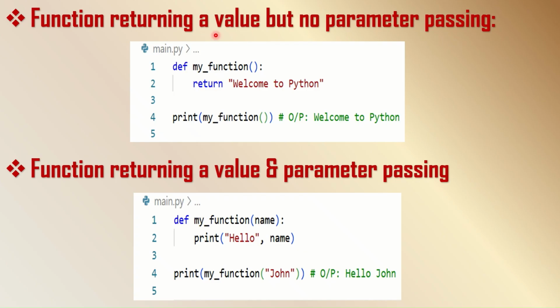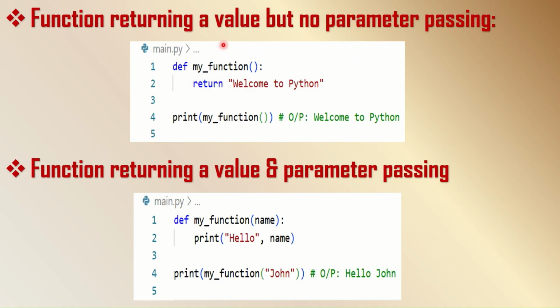Now let's see the third one, a function returning a value but no parameter passing. Function returning a value means we must have the return keyword or return statement defined within the function, along with no parameters. Here in the example, for the function my_function, we don't have any parameters within the parenthesis, but inside the function we have the return statement, where I'm returning some message back when the function call happens.